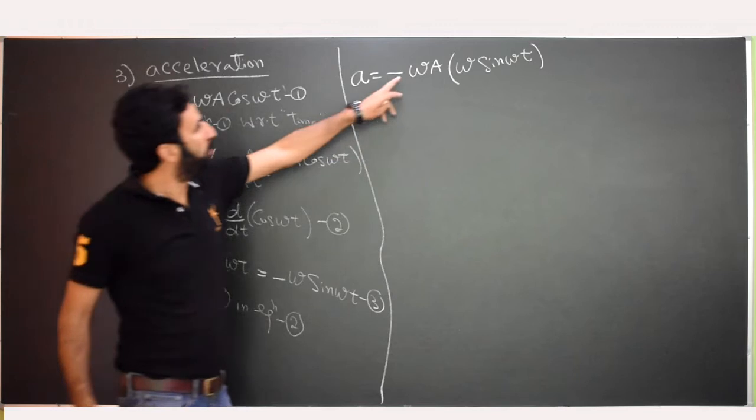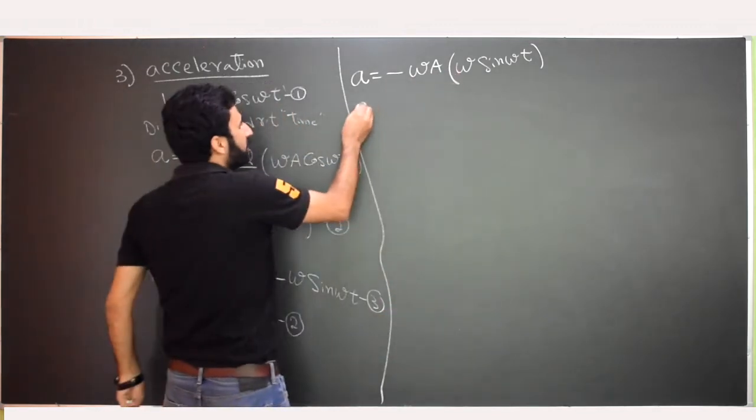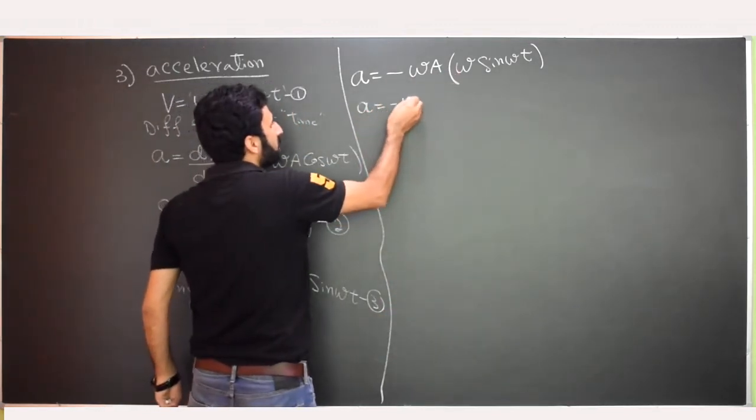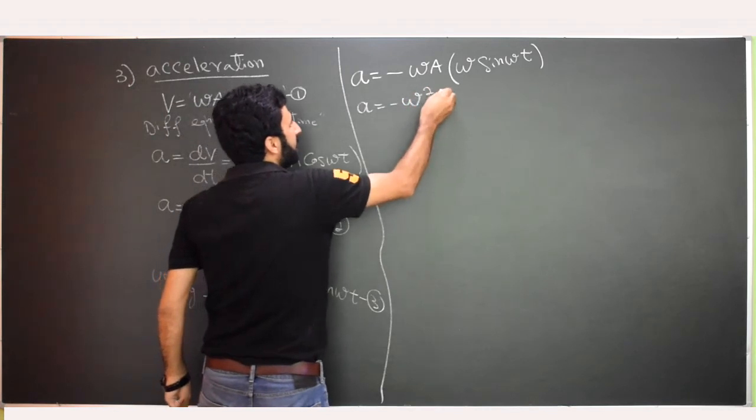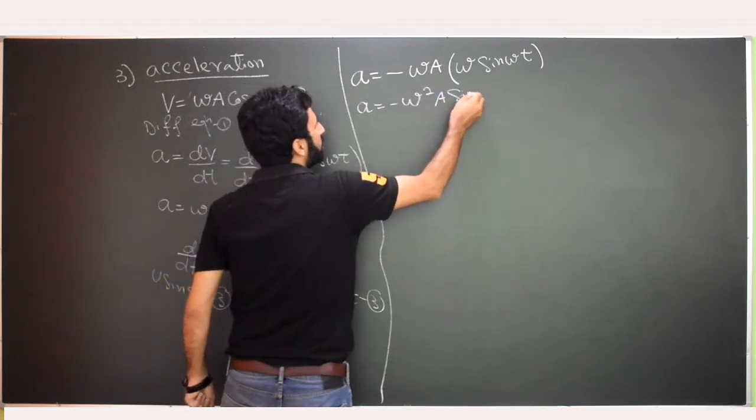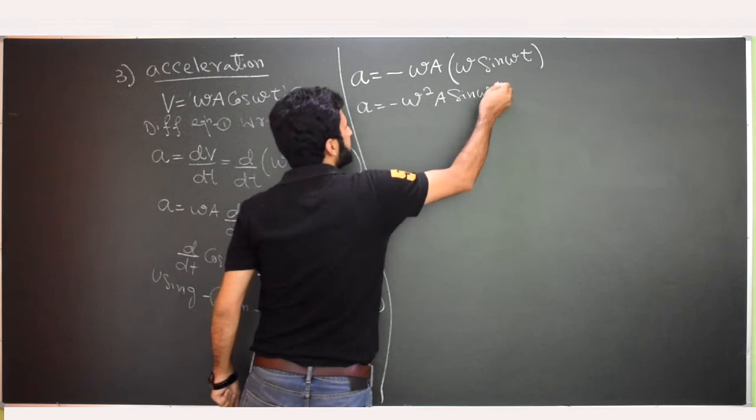Now omega into omega becomes omega square, so a is equal to minus omega square A sine of omega t.